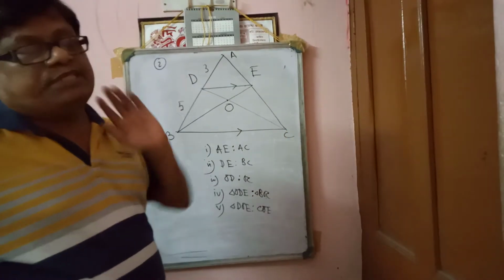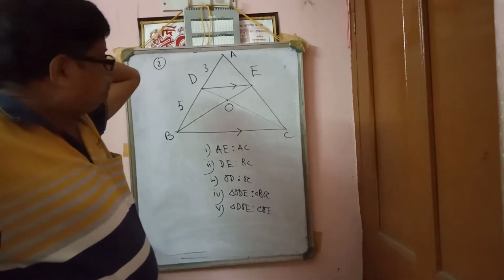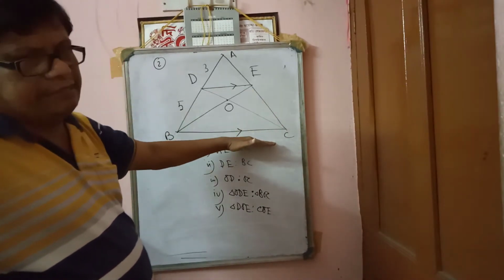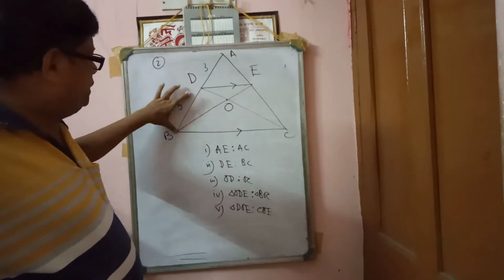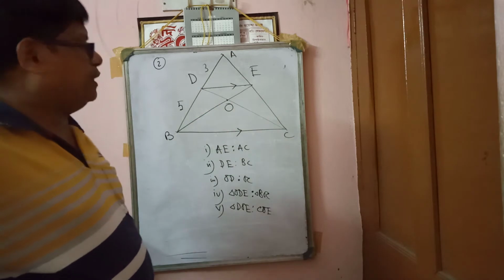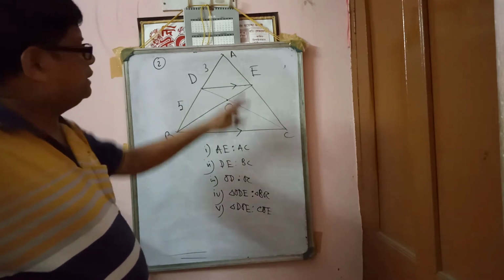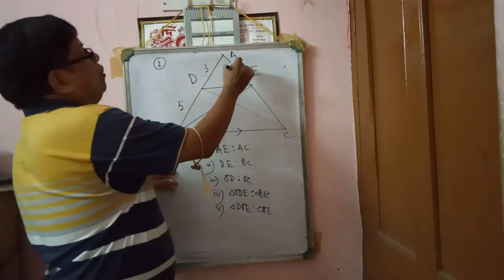From basic proportionality theory, all of you know, if a line is parallel to any side of a triangle, it divides the other two sides in the same ratio. See, AD and BD ratio is given 3:5. So you can write AE is to EC also 3:5.